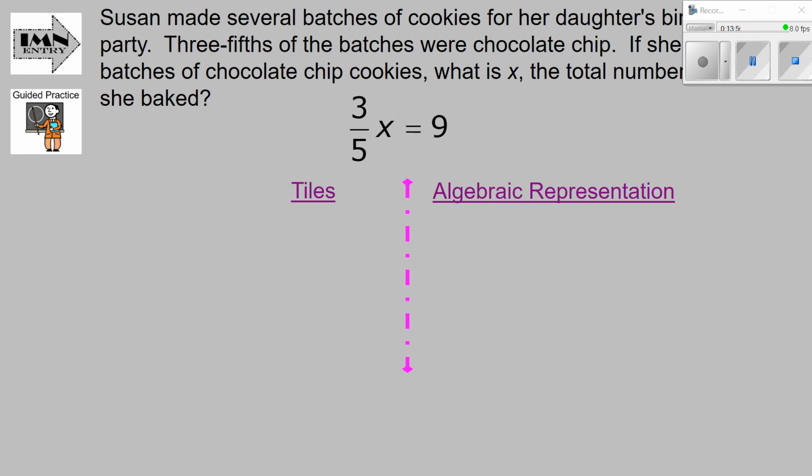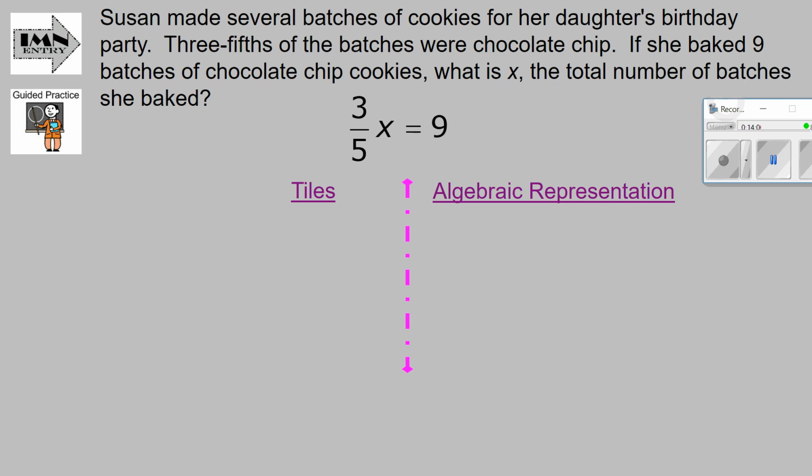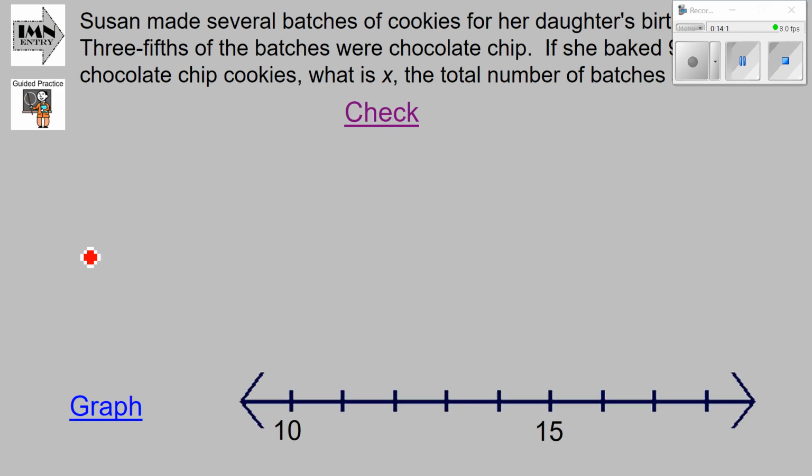Susan made several batches of cookies for her daughter's birthday party. 3/5 of the batches were chocolate chip. If she baked 9 batches of chocolate chip cookies, what is x, the total number of batches that she baked? Okay, so when I look at this one, I have x.